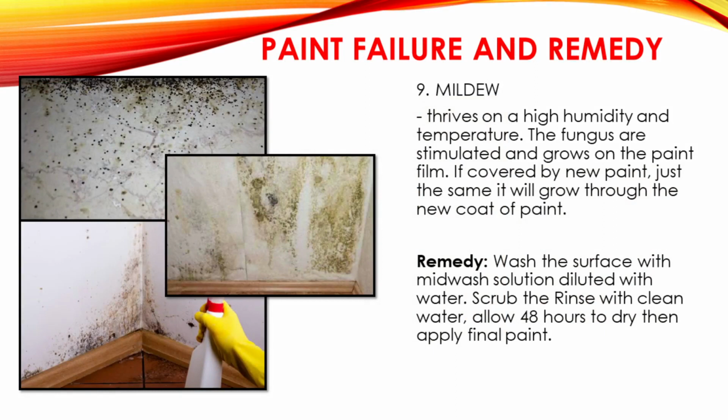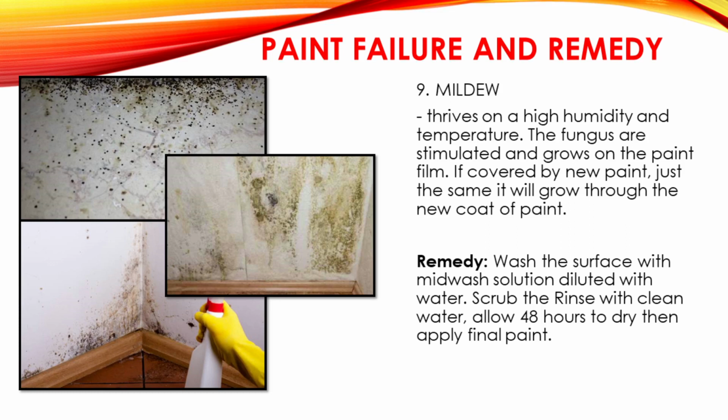The next type of paint failure is the mildew. Mildew thrives on high humidity and temperature. It is a discoloration on the wall or on the paint because of the fungi, which stimulates and grows on the paint film. If covered by a new paint, this paint failure will still be visible, because the fungi will still grow through the new coat of paint.